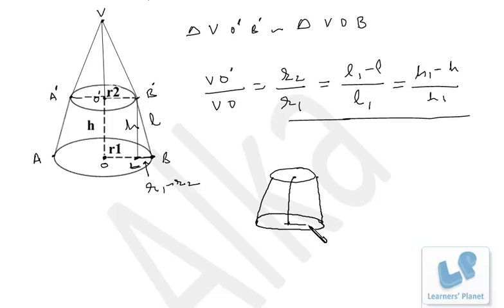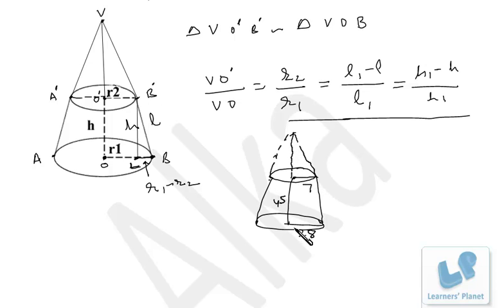Okay, here it is given that the radius of the bigger circle is 28, radius of this smaller circle is 7 and height of this frustum is 45, right? As I already told you, you need not mug up the formula when you have to find out the volume of this frustum. Now what you can do, even you don't have to do in fact, but for explanation I'm just doing it. I just complete it into a cone.